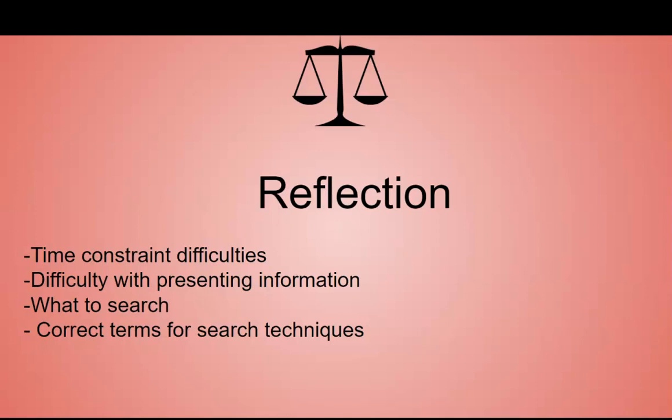And so I had difficulty coming up with what to search. I had gone back to Dr. Steiner's presentation on Westlaw, and I know that she was searching circuit court cases and the names of those cases, and I thought maybe I should do something like that.